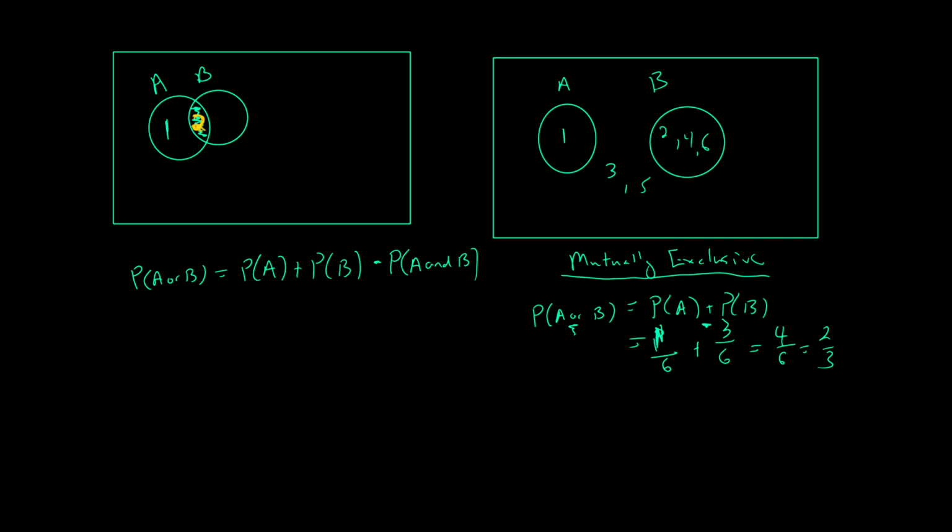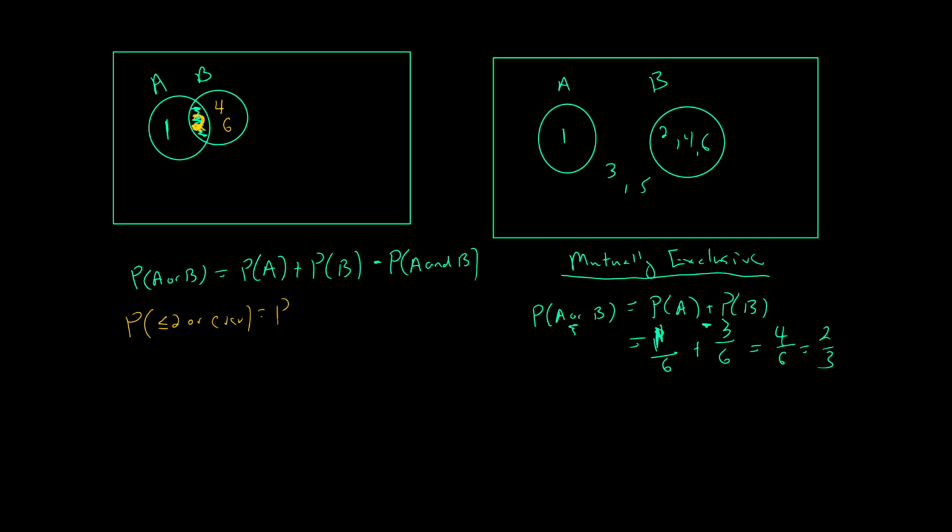And so 2 or less is over there, and then this would be odds or evens. What's the probability of rolling 2 or less or an even?